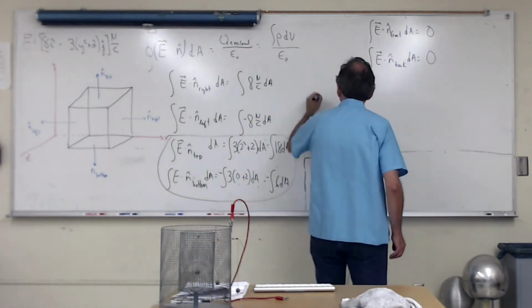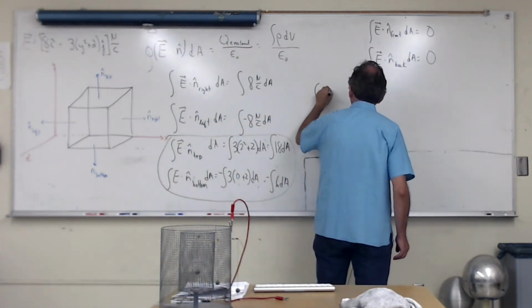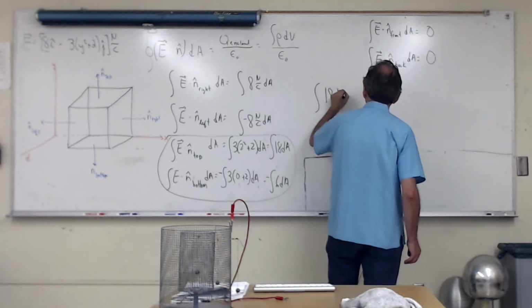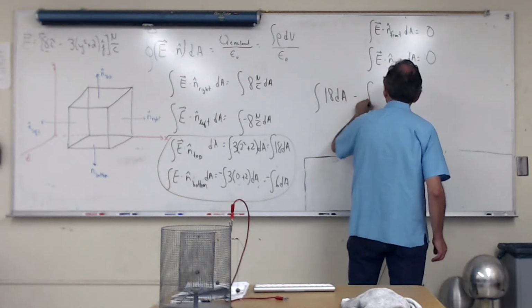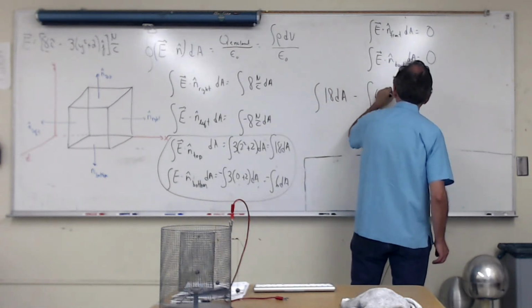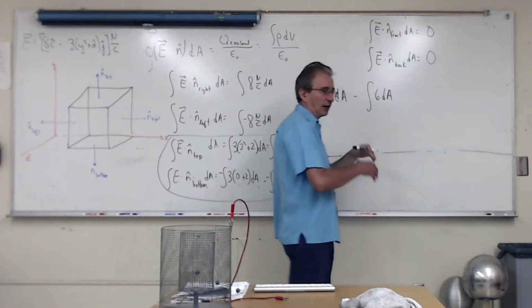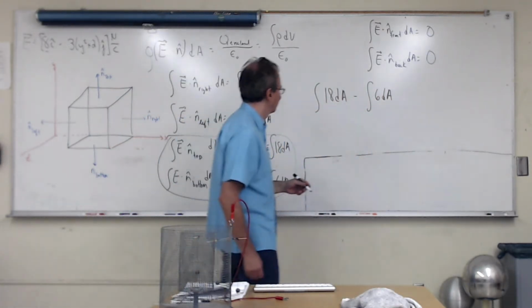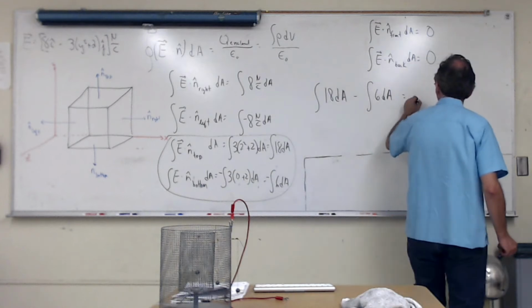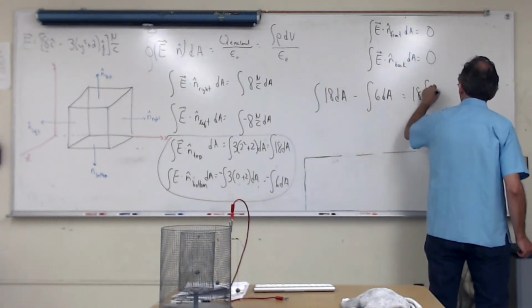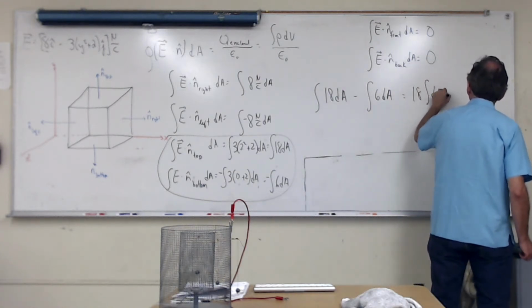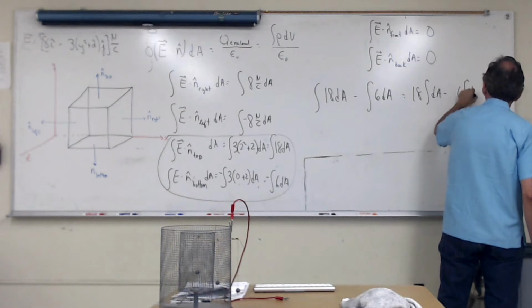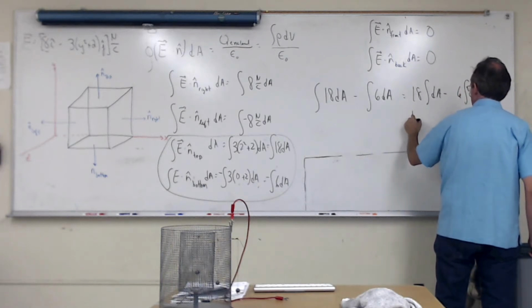So I'm going to take the integral of 18 dA minus the integral of 6 dA. And the areas are going to be the same because they're all going to be 2 by 2s. So it's going to be 18.